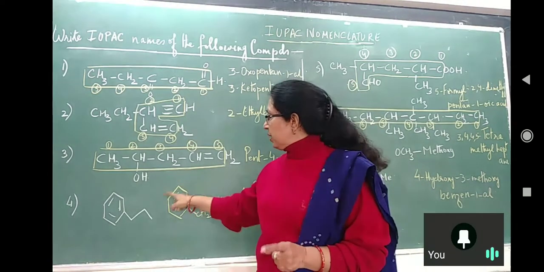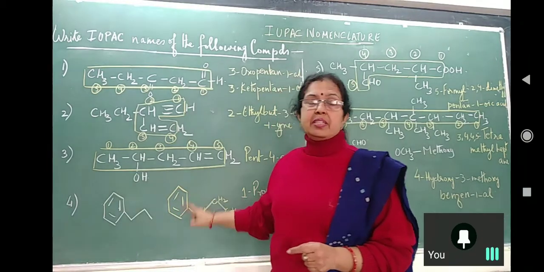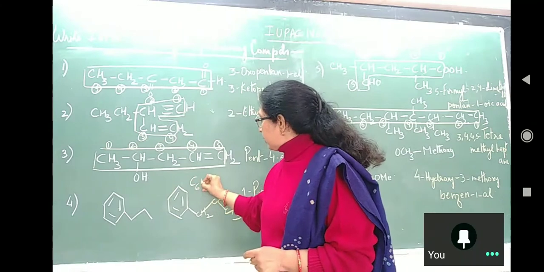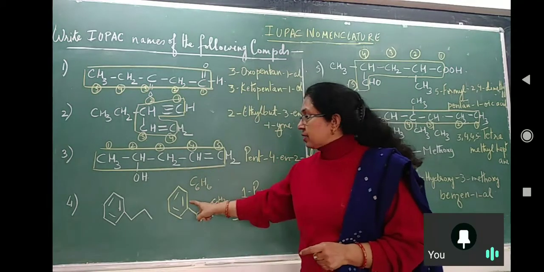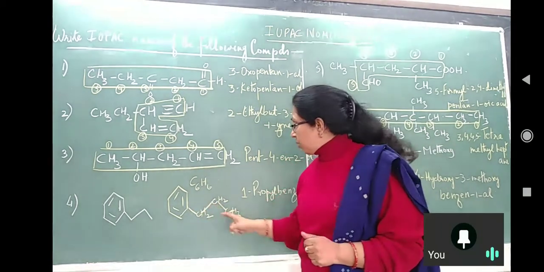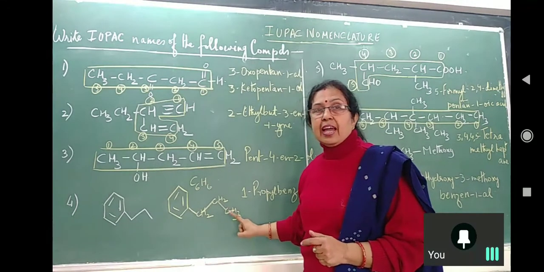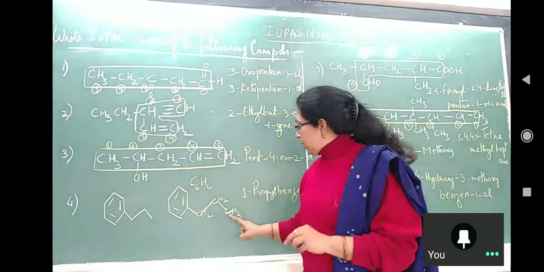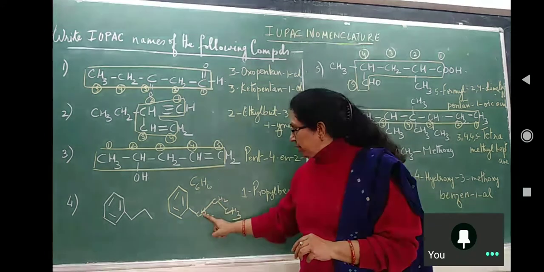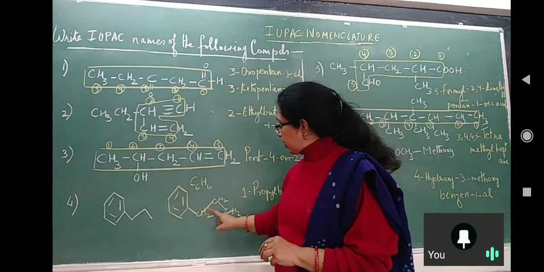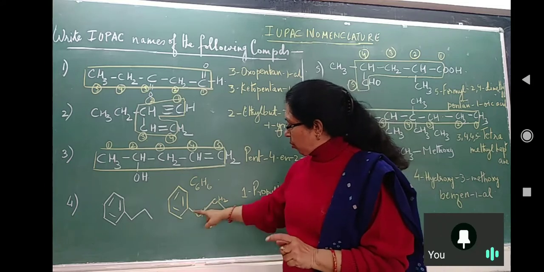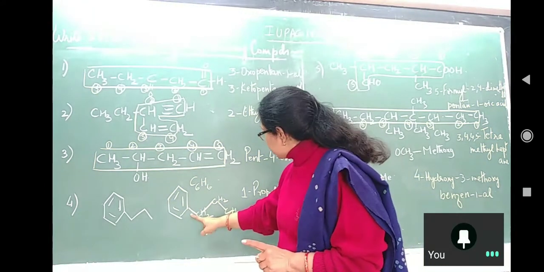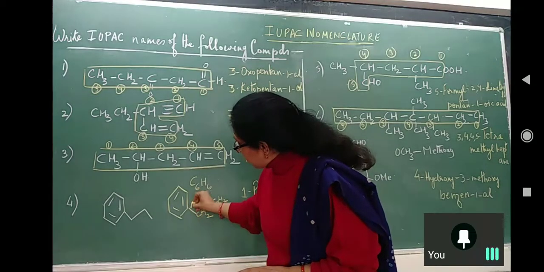This is a benzene ring. This benzene has 6 carbon atoms, C6H6. And what about the side chain? 3 carbon atoms. If this was CH3, CH2, CH3, propane. One hydrogen removed, propyl side chain.